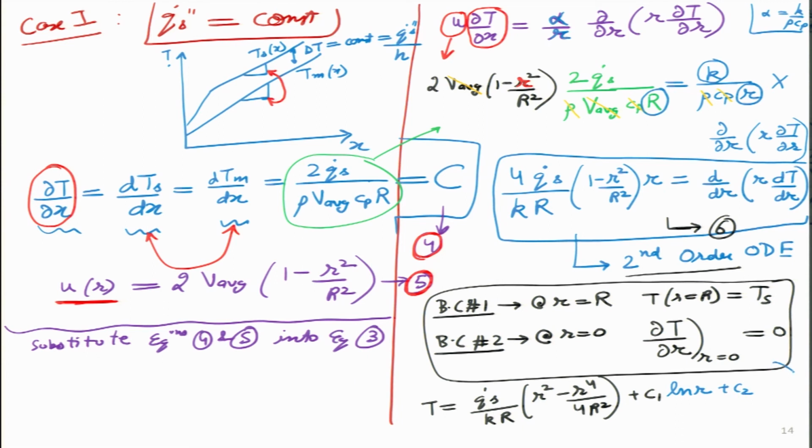So, all we are doing by plugging in the boundary conditions is getting values of C1 and C2. If we do that, what is the final answer that we get? That I will put on the next slide. But I hope everybody has understood what we are trying to do over here. Okay. So, let us go to the next slide.